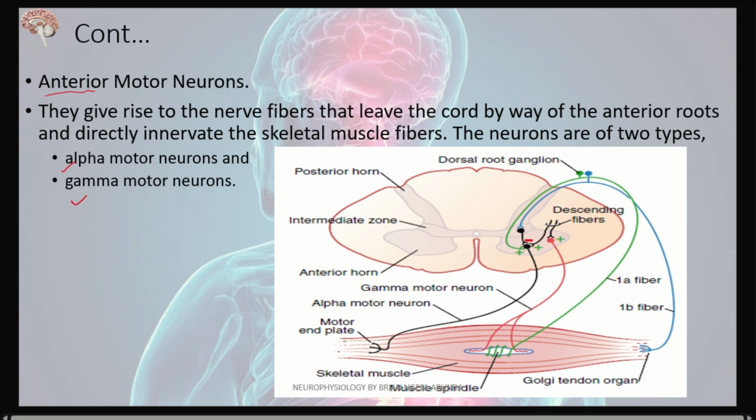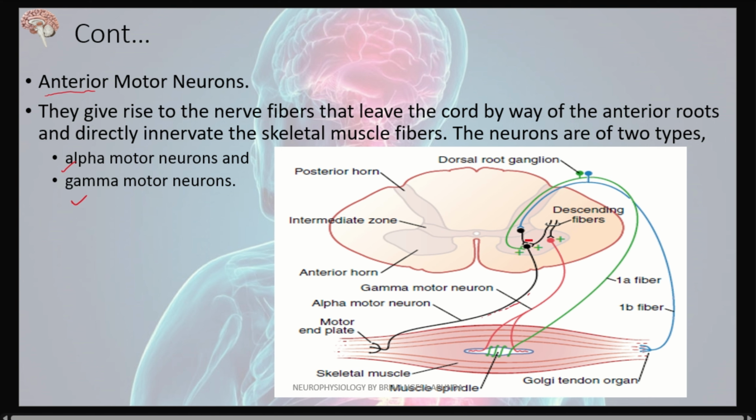If you look at our image, try and track where the motor neuron is. The alpha is represented by black, advancing all the way into the muscle, and we also have the gamma over here advancing all the way into the muscle. But you should notice they end up at different areas.